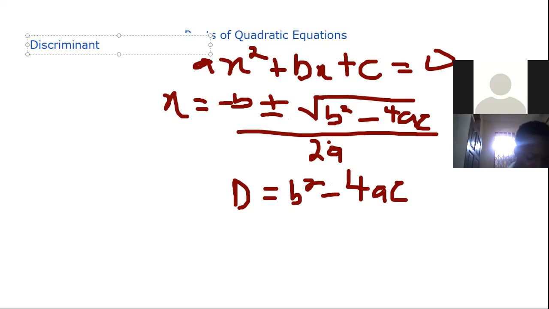That is it, and it determines the nature of the roots. So here we are going to talk about the nature of the roots. And that is the D here. We denote the discriminant by capital D. So the discriminant D is equal to b squared minus 4ac. That is it.